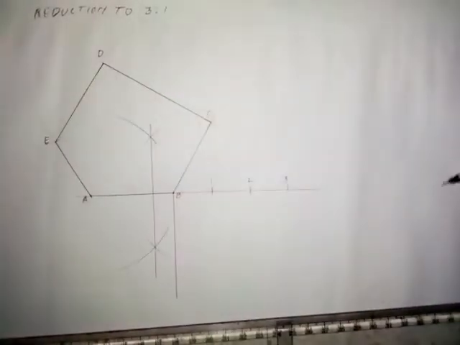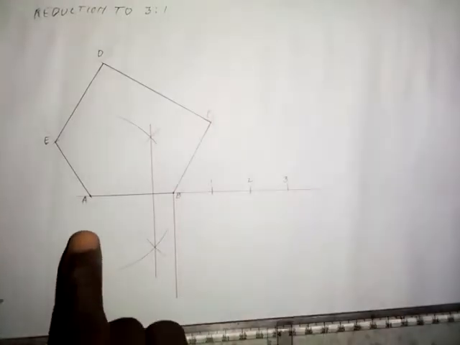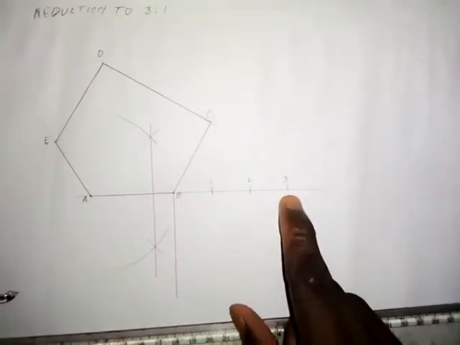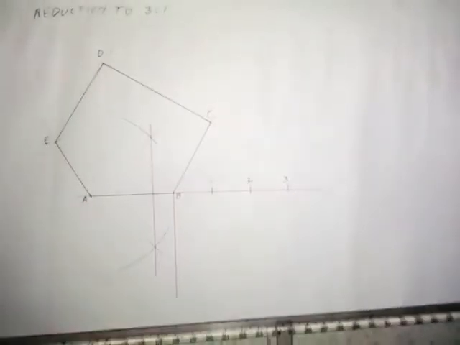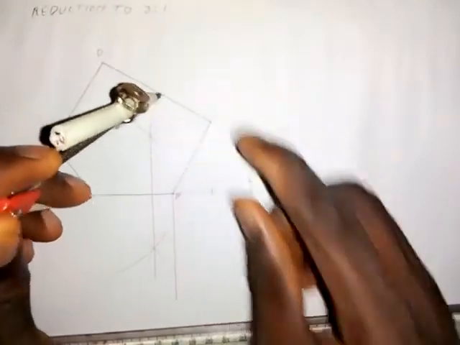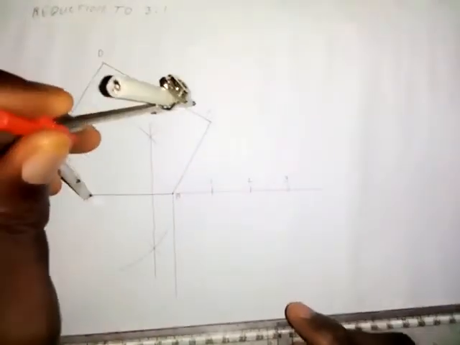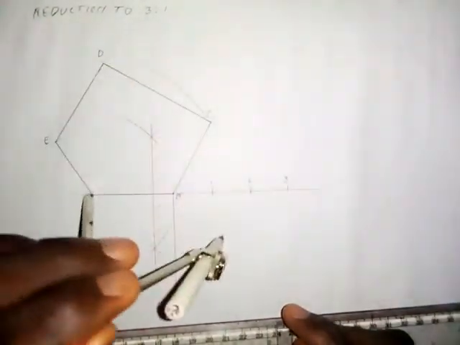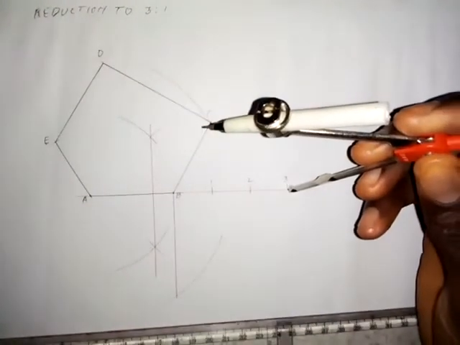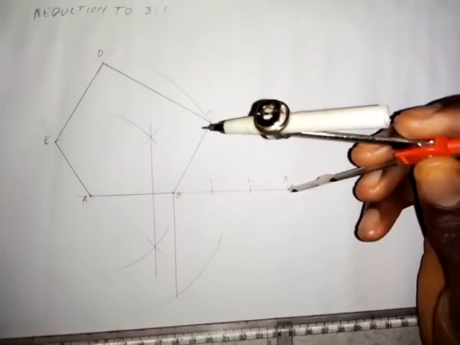Alright, so the next thing that we are going to do is bisect the distance between point A and point 3. So take your compass, extend to any convenient radius, and draw arcs up and down here. Then you put the same radius on point 3.